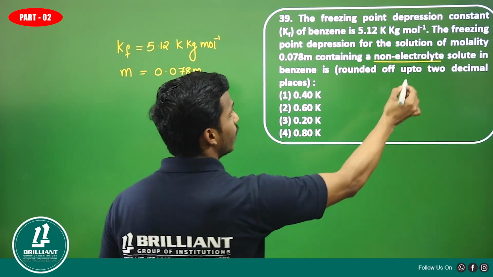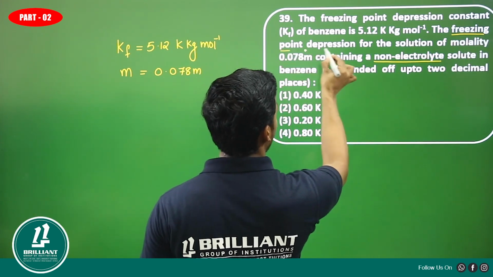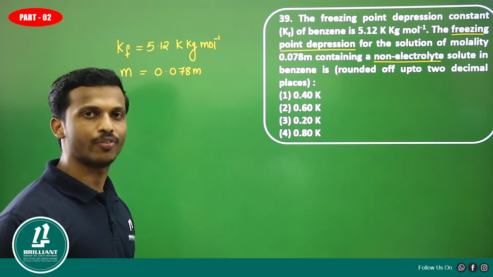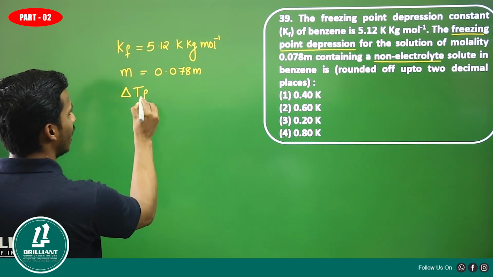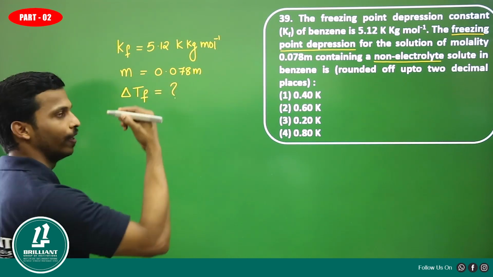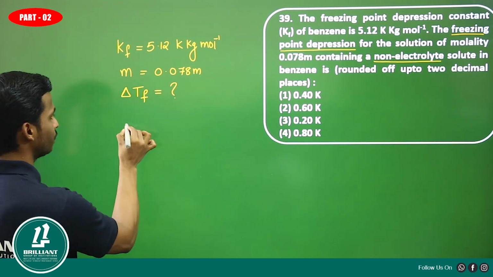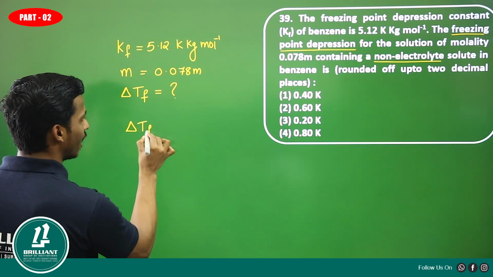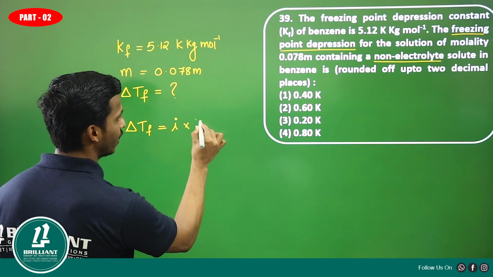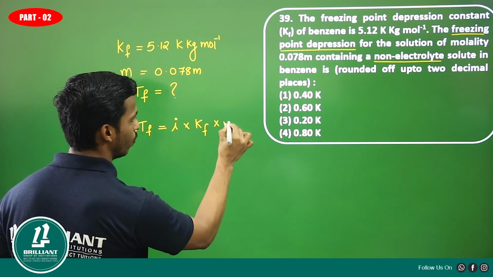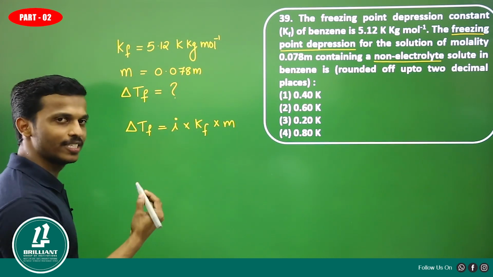What do we need to find out? The depression in freezing point. What is depression in freezing point? Delta Tf. We need to find that out. We have a simple equation. Delta Tf is equal to the van't Hoff factor i into Kf, the constant, into molality. i is equal to 1.